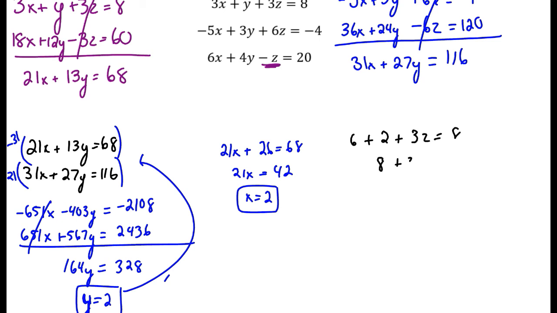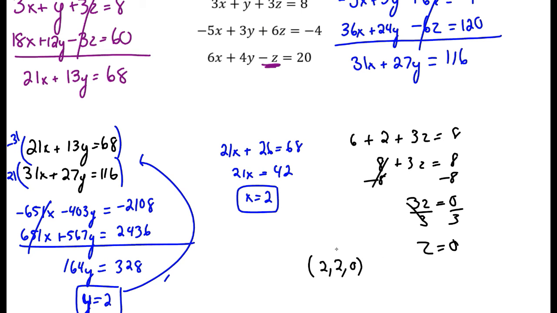Well, I have 8 plus 3z equals 8. 3z equals 0. So z must equal 0 then. So what's my solution? 2, 2, 0. X, y, z. Or you could write it out nicely: x equals 2, y equals 2, z equals 0.